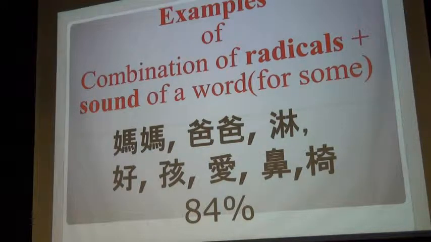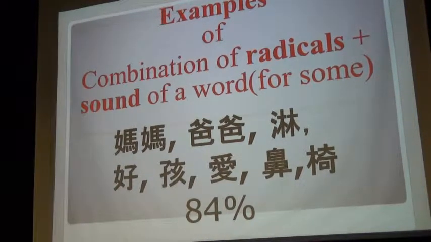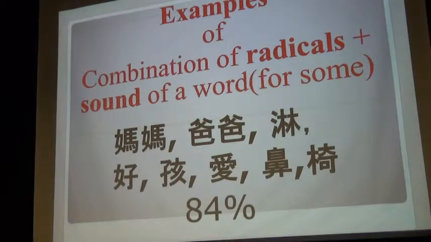So once you master the root words and know some of the words, you start combining things when you learn. Well, you don't combine on your own. When you learn new characters, you analyze it. You say, oh, this is a combination of this and that, and that's the sound of it. It's easy to remember, all right?